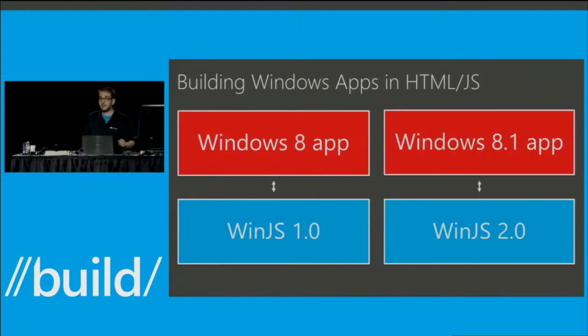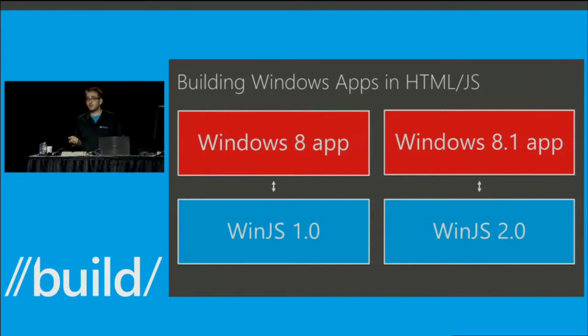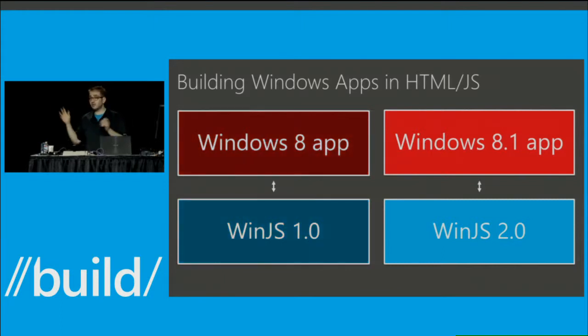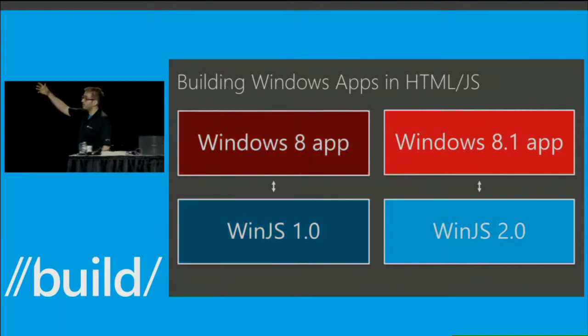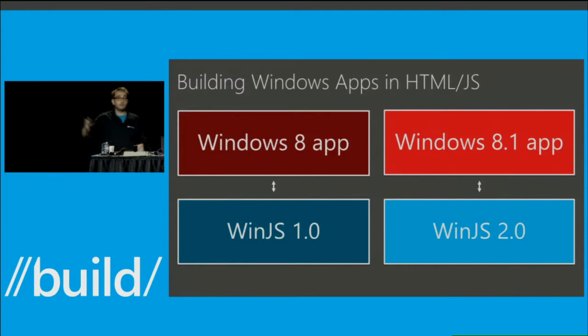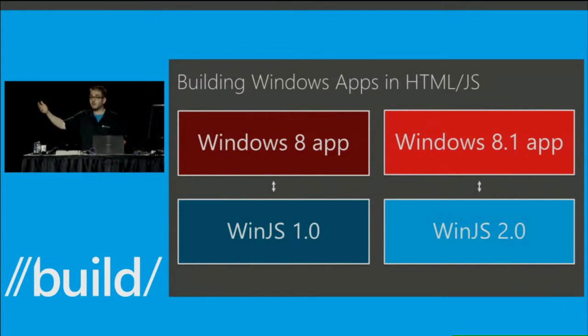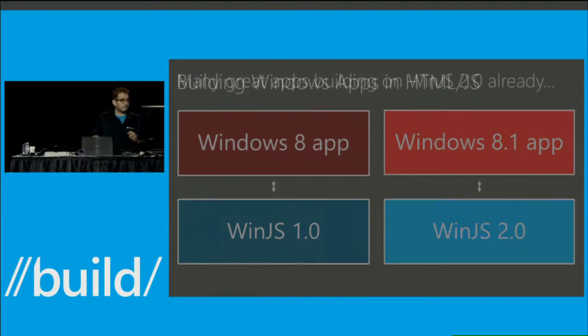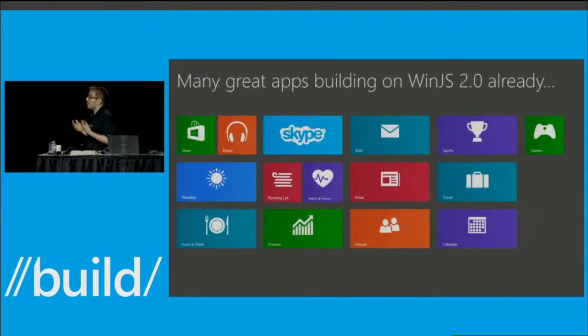That's what we're going to be talking about today. You can think about WinJS 2 as the version of WinJS for creating apps for Windows 8.1. And you can still create apps using WinJS 1 and targeting Windows 8, but all the cool new features and things I'm going to tell you about today are part of WinJS 2 for apps that target Windows 8.1 or later.